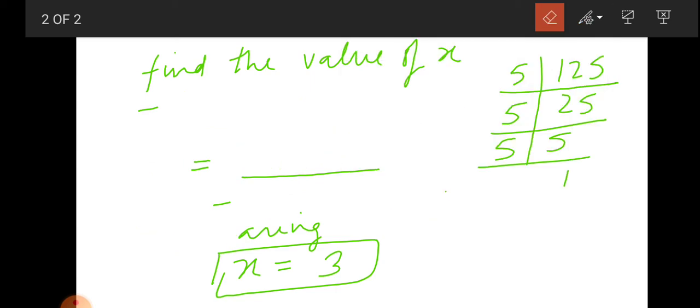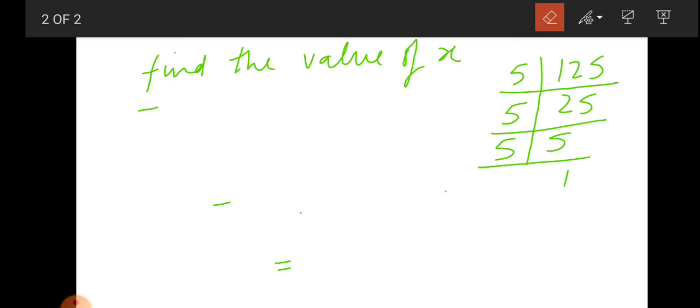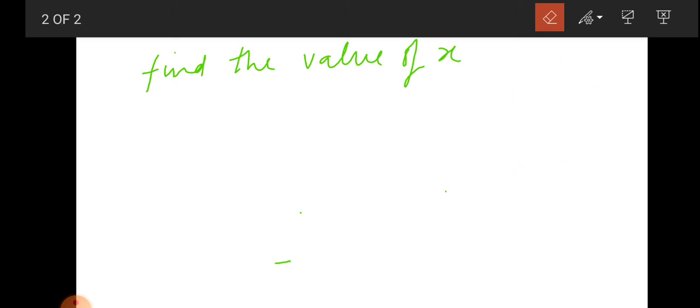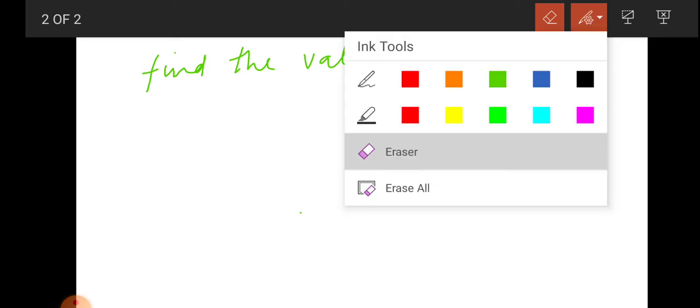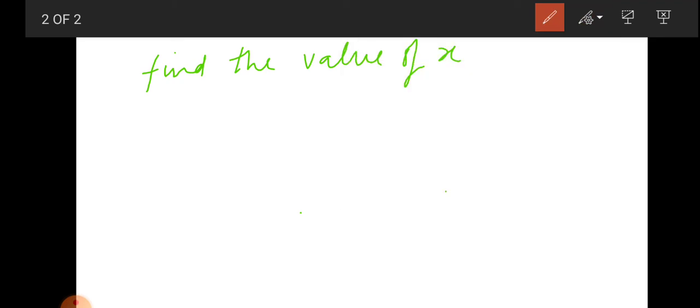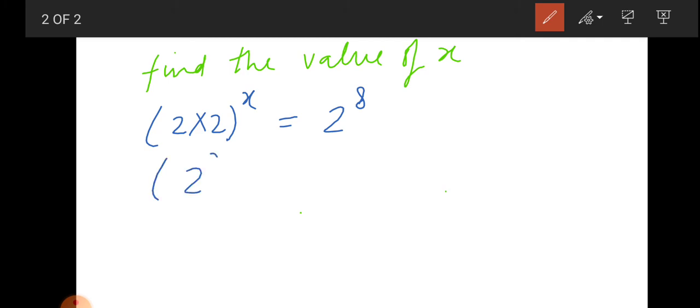Let's take another question. 2 into 2 raised to the power x is equal to 2 raised to the power 8. 2 into 2 can be written as 2 raised to the power 2, so 2 raised to the power 2 raised to the power x is equal to 2 raised to the power 8.